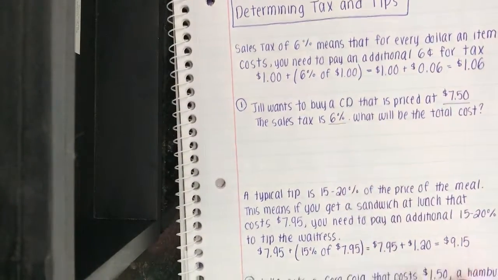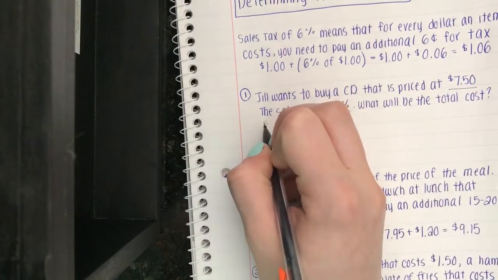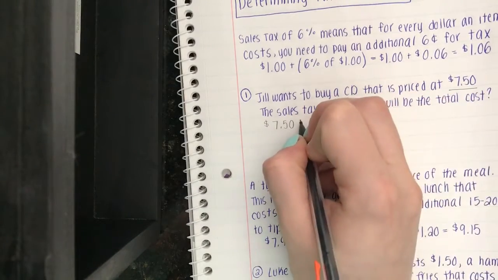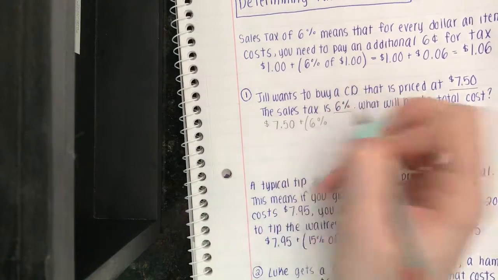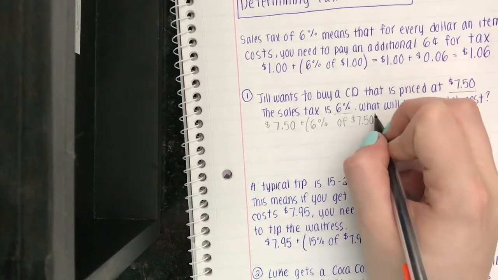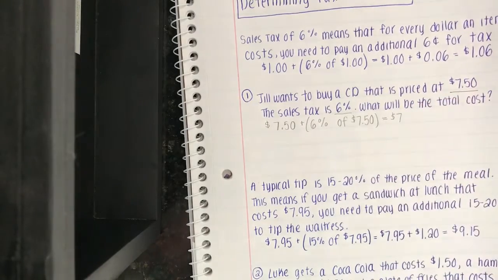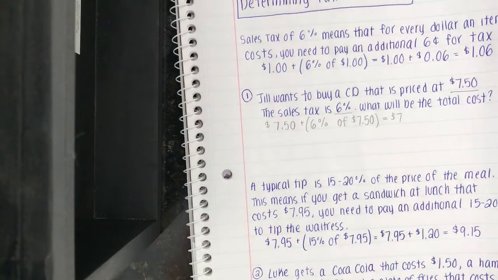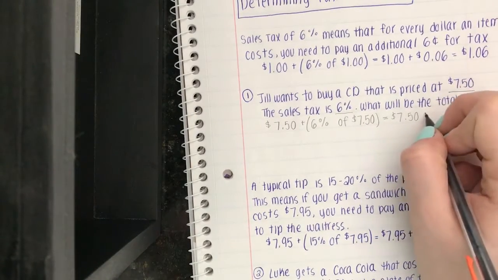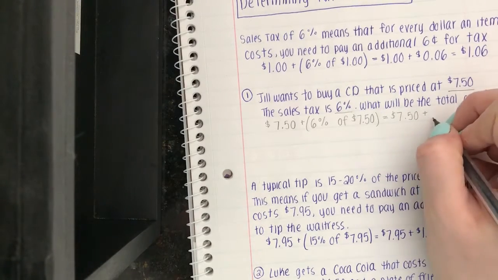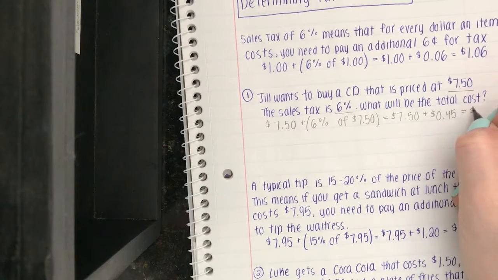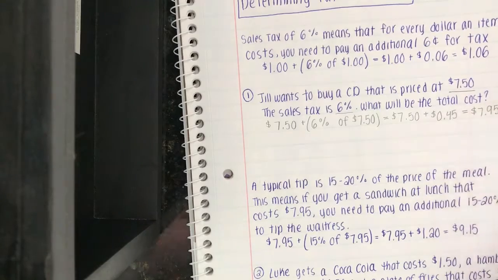So here, we are going to take the subtotal, the cost of the CD, which is $7.50, and we are going to add 6% of the $7.50, and then 6% of $7.50, just multiplying, 0.06 times $7.50 is going to be another 45 cents for tax. So your actual total is going to be $7.95.